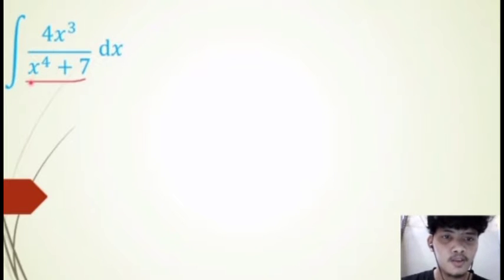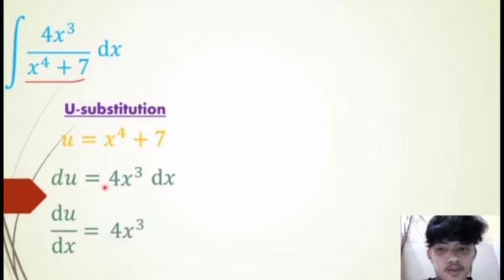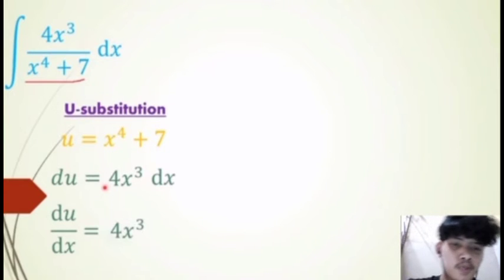x^4 plus 7, we need to use substitution to solve this question. As you can see, x^4 plus 7, you need to use a u substitution, and that is u equals x^4 plus 7.